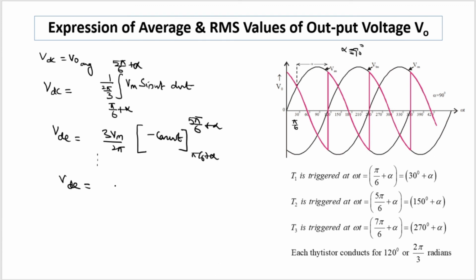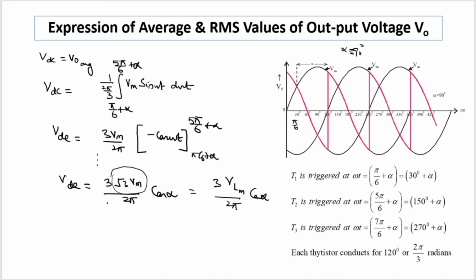I am simply writing down the final result. It is like this: 3 root 3 Vm upon 2 pi cos alpha, where you know that it is for a star connected supply, root 3 Vm representing the line voltage. So it can also be written as 3 times V line maximum upon 2 pi cos alpha.